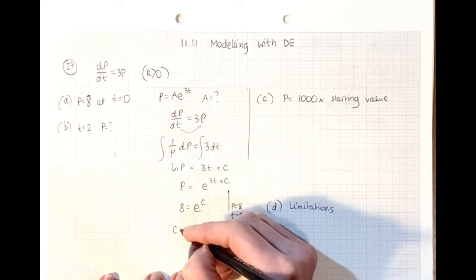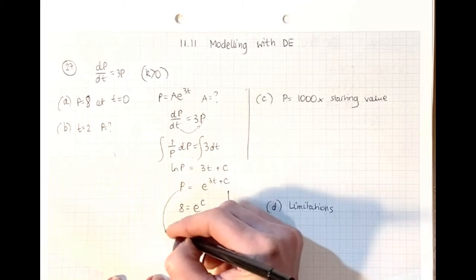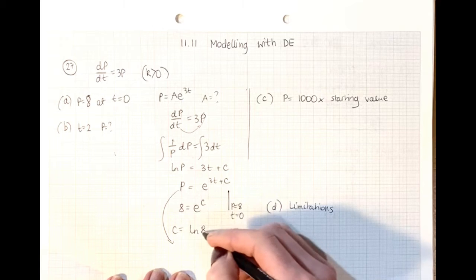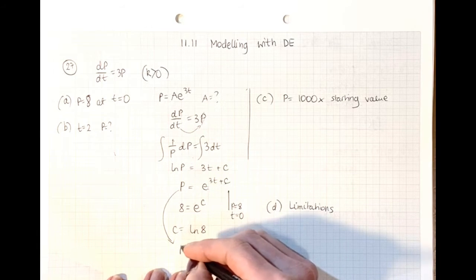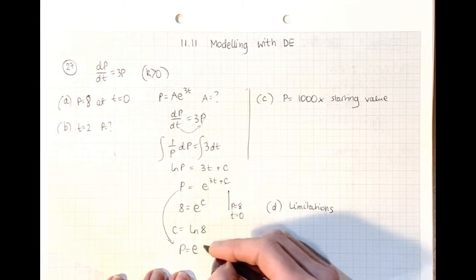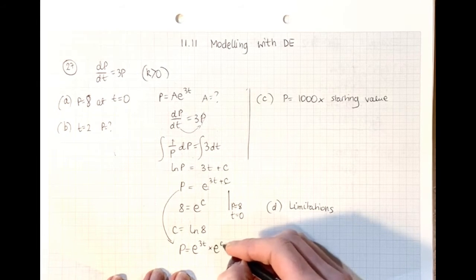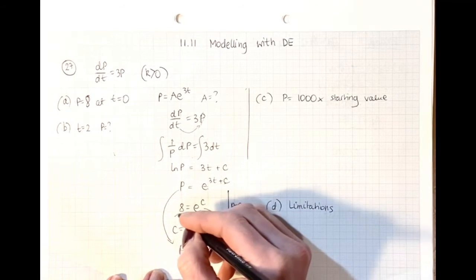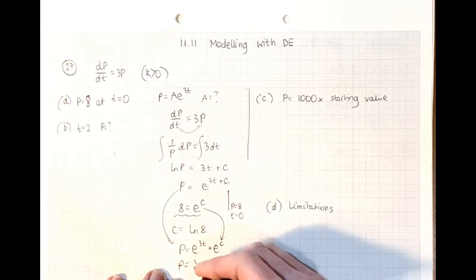So c is going to be ln 8. Before I apply the fact that it's equal to ln 8, let me just separate this into a product. So it's going to be e to the power of 3t times e to the power of c. Now e to the power of c is equal to 8. I don't even need to use ln, just straight away replace it with 8.